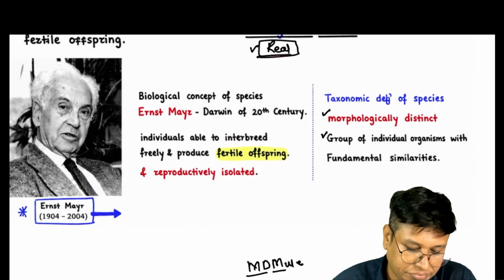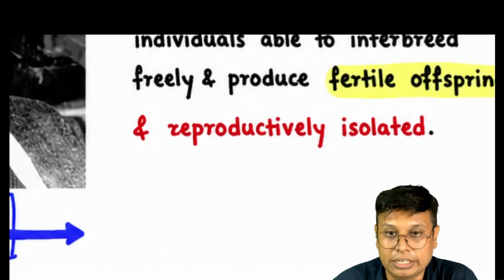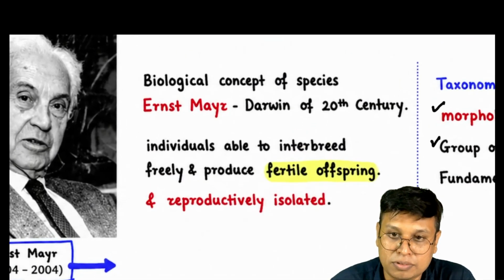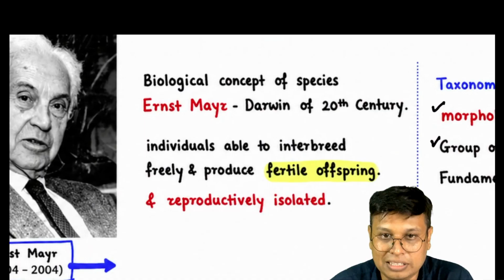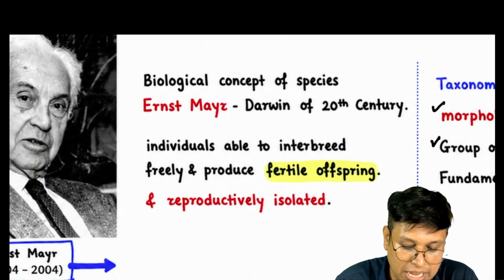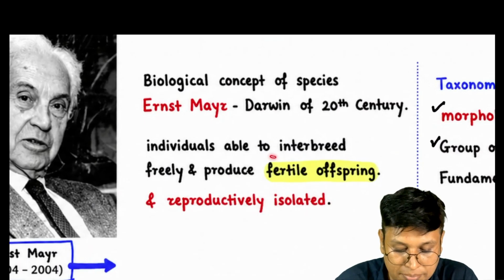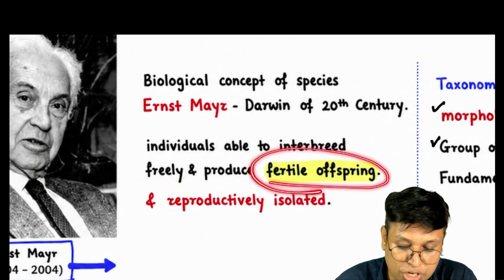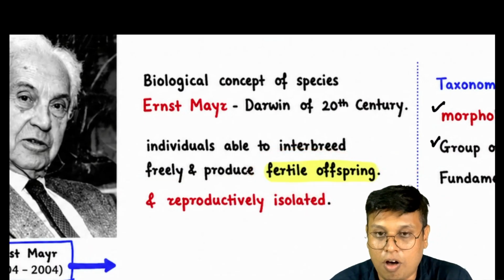Next, they are reproductively isolated. That is very important, that when one species and another species are in nature, they are reproductively isolated, and able to interbreed freely among themselves. And the most important criterion is fertile offspring.